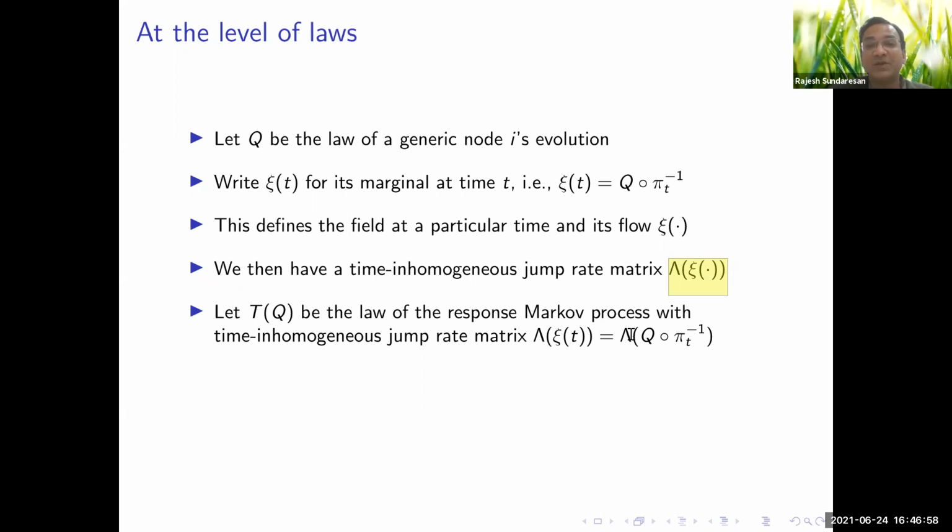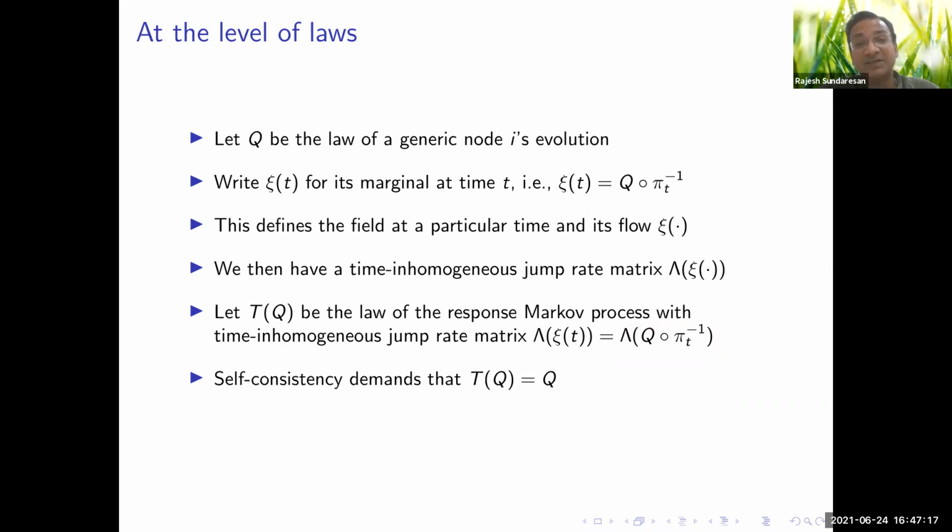So to say that it depends on Q, I have essentially indicated the dependence in this way. Λ of ξ(t), but ξ(t) itself is a push forward of the Q at time t, and we are looking at the corresponding law that comes from these transition rates.